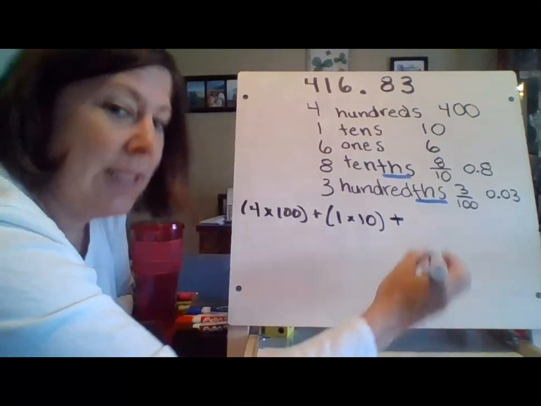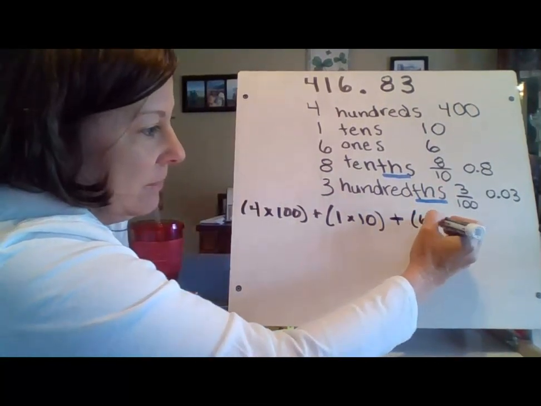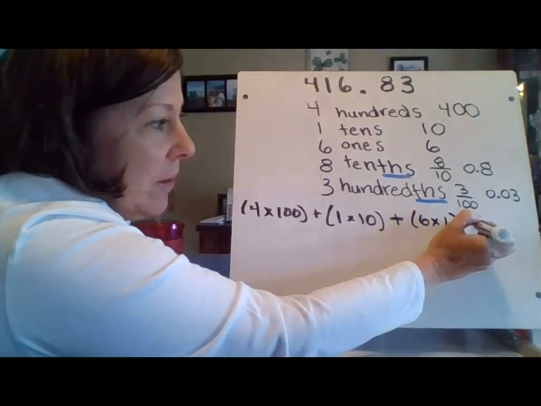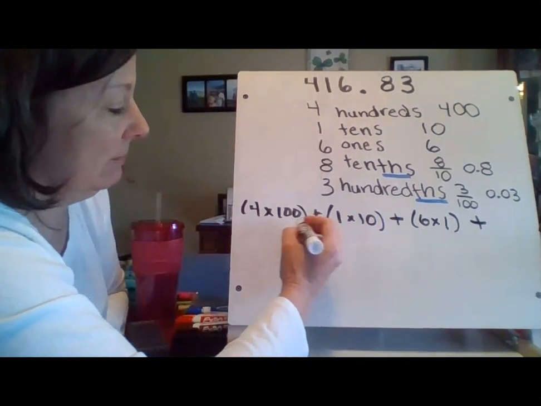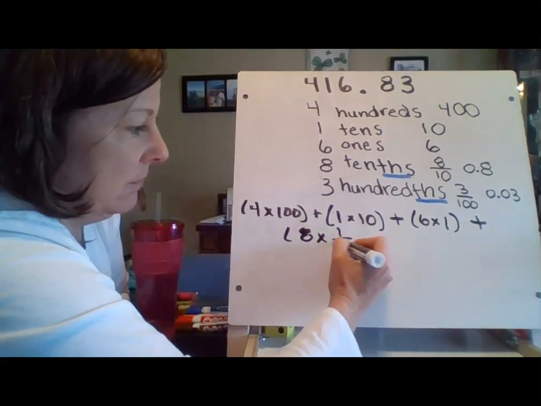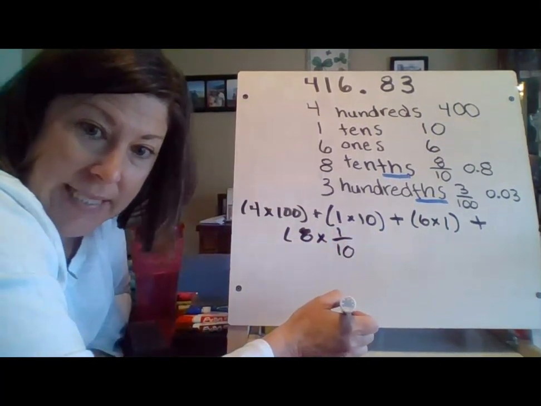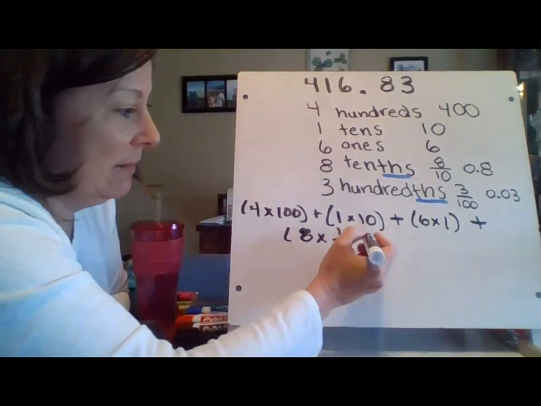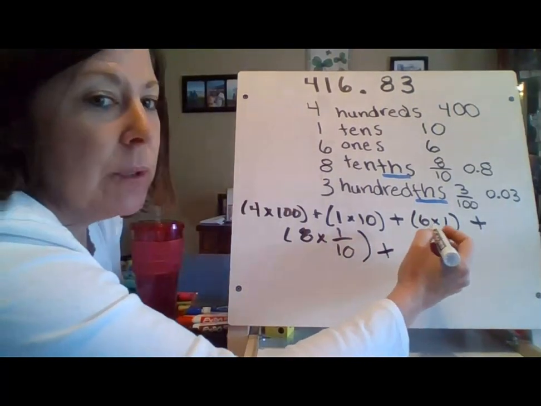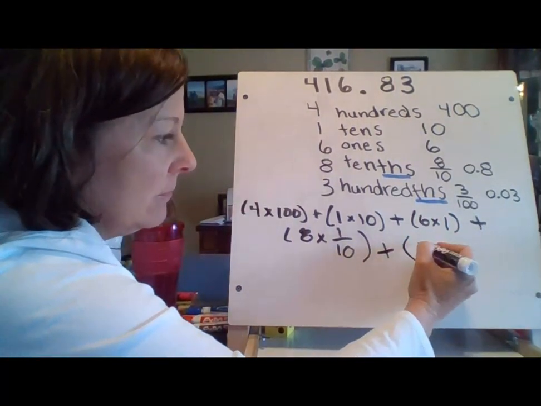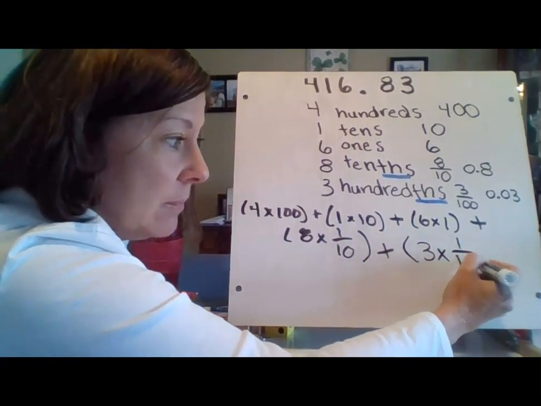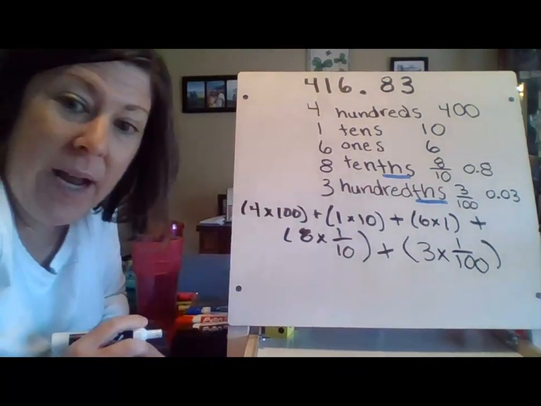Phew, plus 6 ones, plus, not done yet, 8 tenths, so 8 times 1/10, plus, we're almost done, 3 times 1/100th.